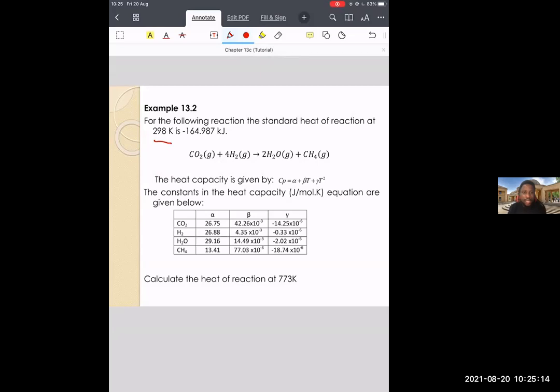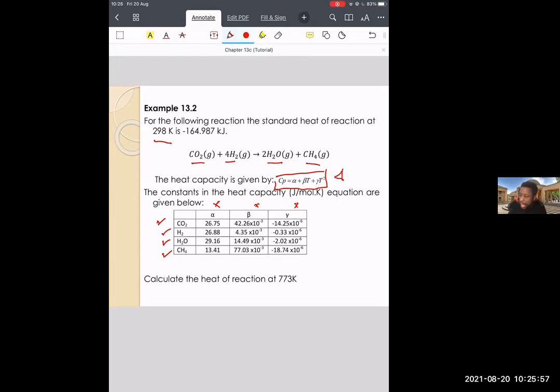For the reactions, we have the components, CO2, 4H2, water, CH4, and all those values there. Then we've got these different coefficients, alpha, beta, gamma. Please take note, because for each of these components, they have these different coefficients that feed into this equation.